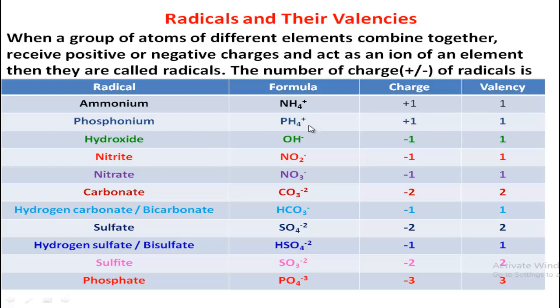Phosphonium, PH4, is also a positively charged radical, so its valency is also 1. These two are the only positively charged radicals; all other radicals are negatively charged.